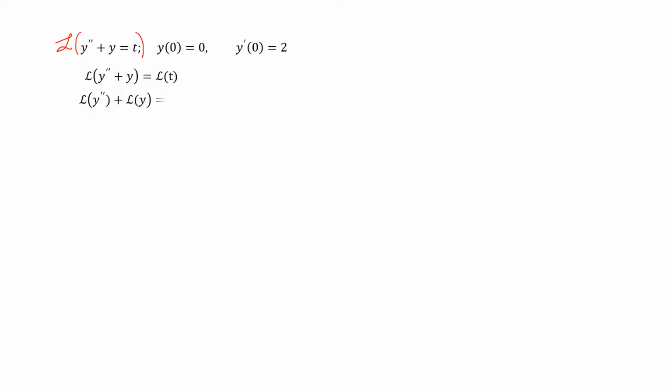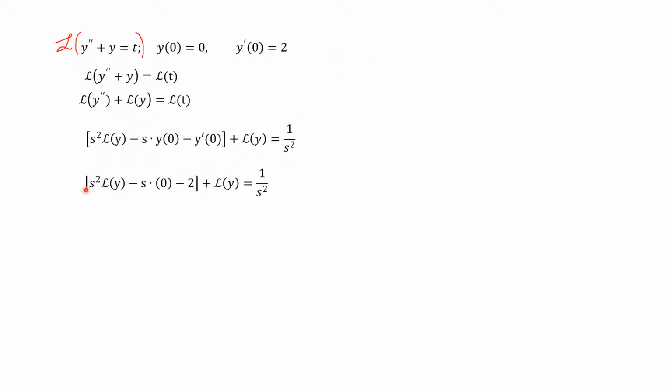Distribute the Laplace transform: Laplace of y double prime plus L of y is L of t. Now use the formula for L of y double prime, that is s squared L of y minus s y of 0 minus y prime of 0, plus L of y. The Laplace of t is 1 over s squared. Now you can substitute the value of y of 0 is 0 and y prime of 0 is 2 here.